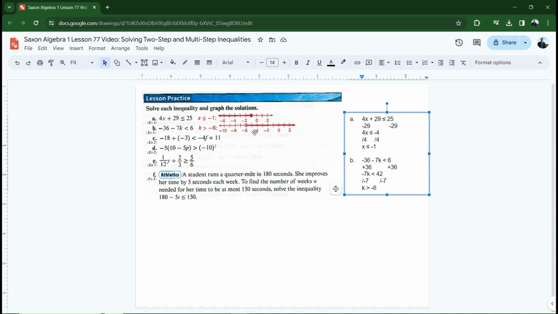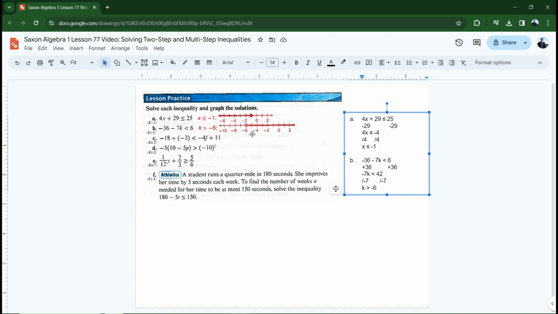Now, let's just make sure that I got this right. 0 is one of the shaded things in this solution set. What if I plug in 0 for k? Is it a true statement? Negative 36 minus 0, so just negative 36, is less than 6? Yes, that was correct. What if I plug in negative 6?